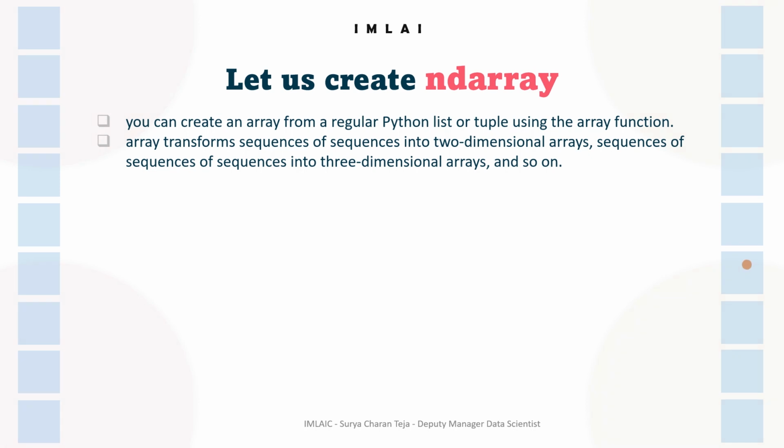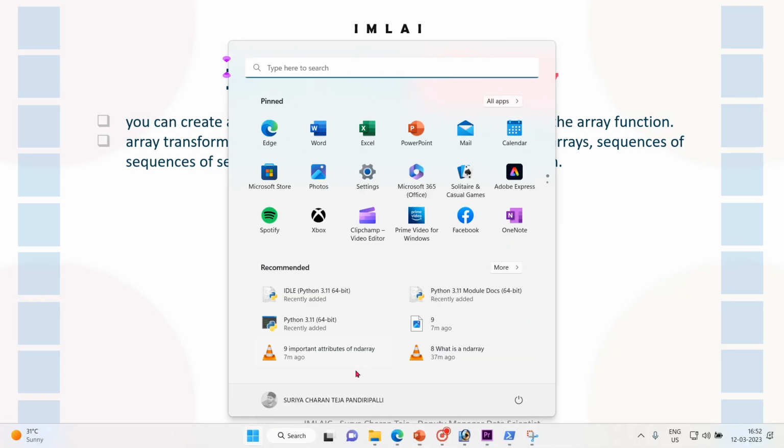What I'm trying to say is array transforms sequences of sequences into two-dimensional arrays. If you have sequences of sequences of sequences, that means three levels, it will be turned into three-dimensional arrays, and so on. If you have sequences of sequences of sequences of sequences, that's four levels, it's a four-dimensional array. I hope you got the point.